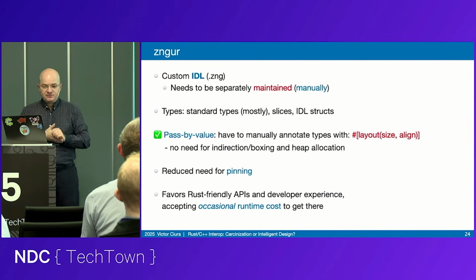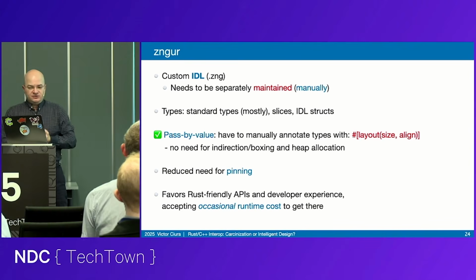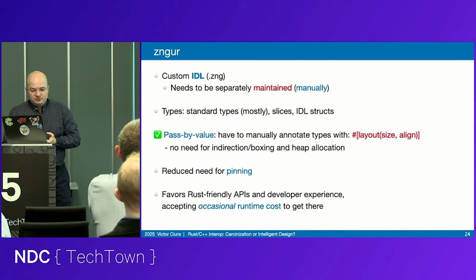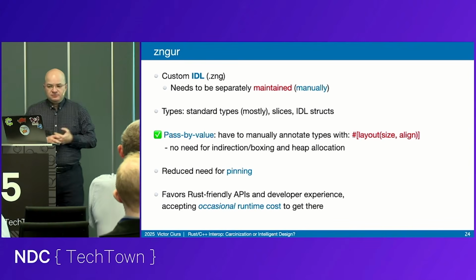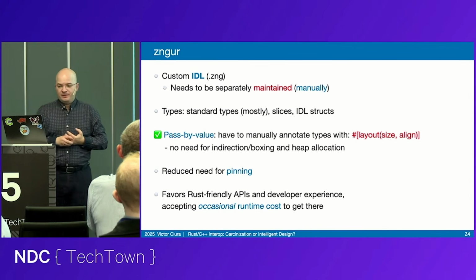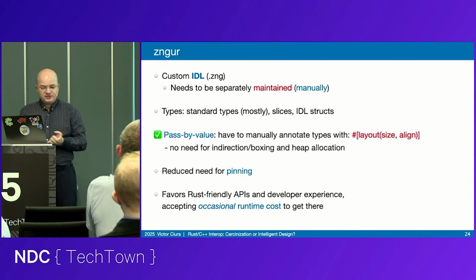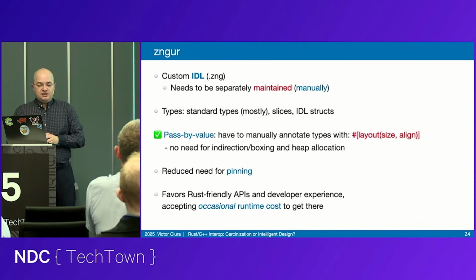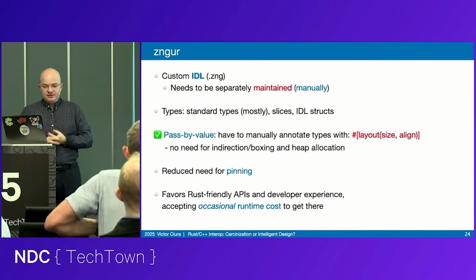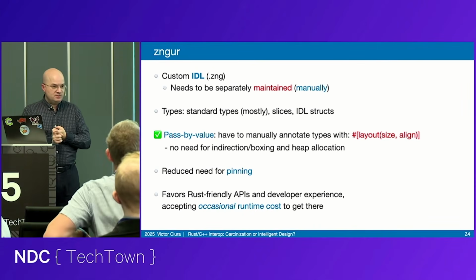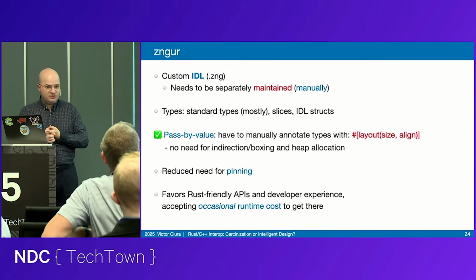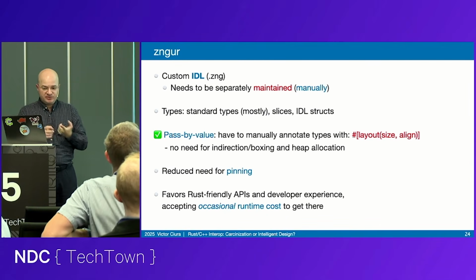So custom IDL, again, same problem with all IDL files. You need to manually maintain it, update it, and so on. You get access to all the standard types, mostly. Slices, everything you put in the IDL. Because of the size and alignment definitions in the IDL, you can pass by value.